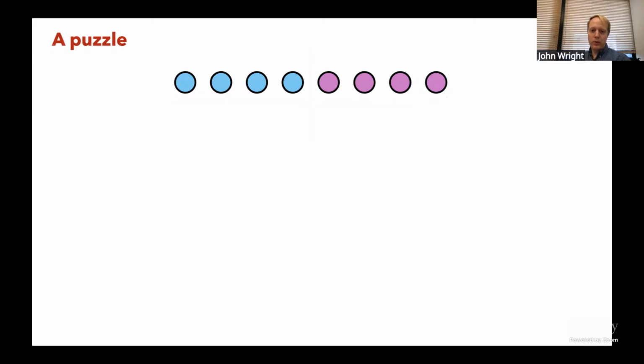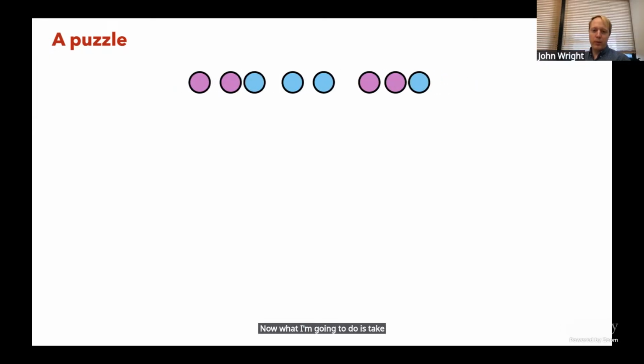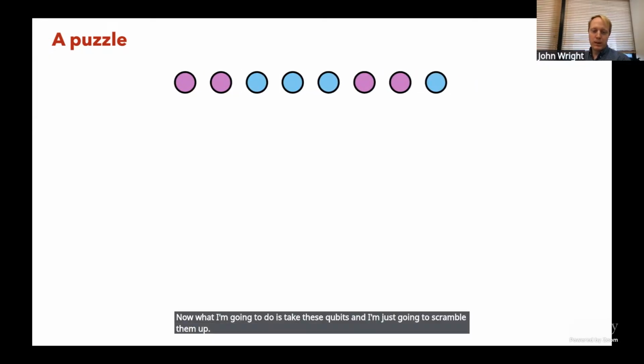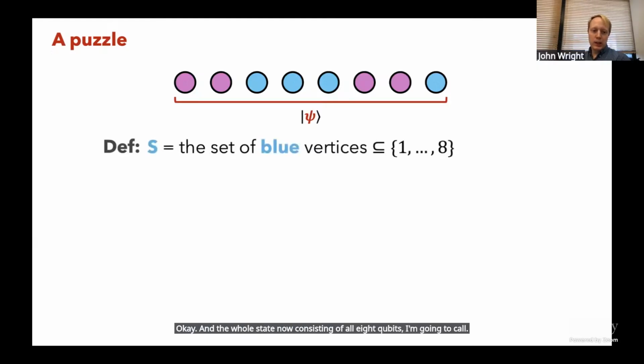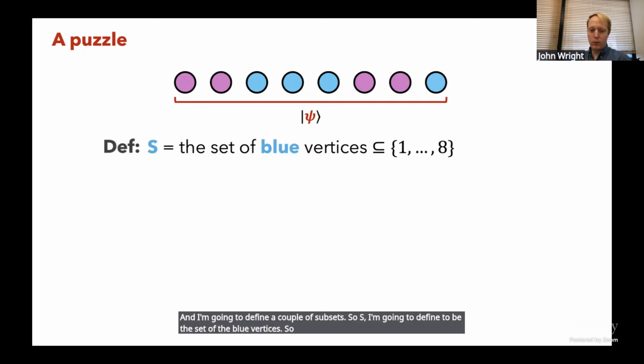Now what I'm going to do is take these qubits and scramble them up, okay? The whole state now, consisting of all 8 qubits, I'm going to call psi. And I'm going to define a couple of subsets. S, I'm going to define to be the set of the blue vertices. So it's a subset of the numbers 1 through 8, size 4.